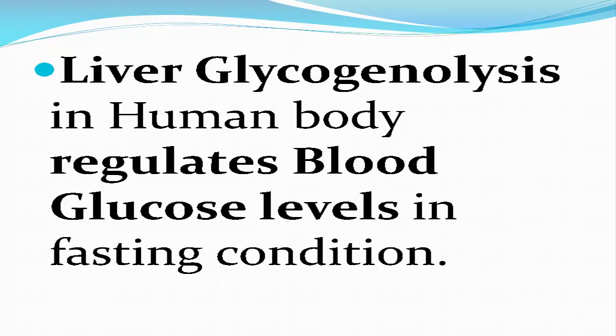The glycogen breakdown in liver, that is liver glycogenolysis, is important for maintaining the blood glucose level during fasting. When we are not eating, our blood glucose level falls, and where will the glucose come from to maintain the glucose level? It is the glycogen that was stored in the liver after we have taken a meal. So that stored glycogen from liver comes and continuously maintains blood glucose level.